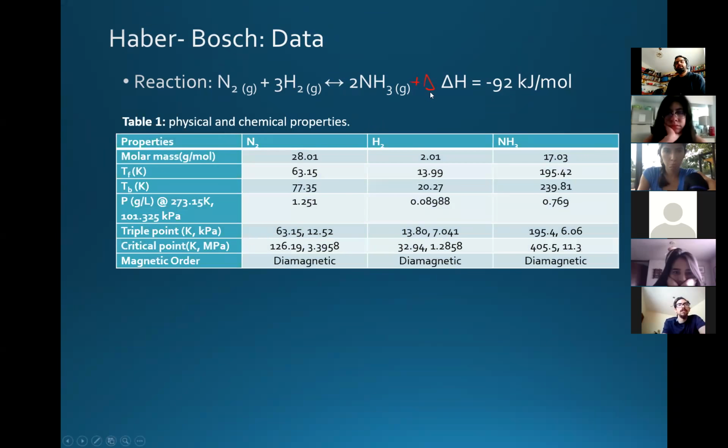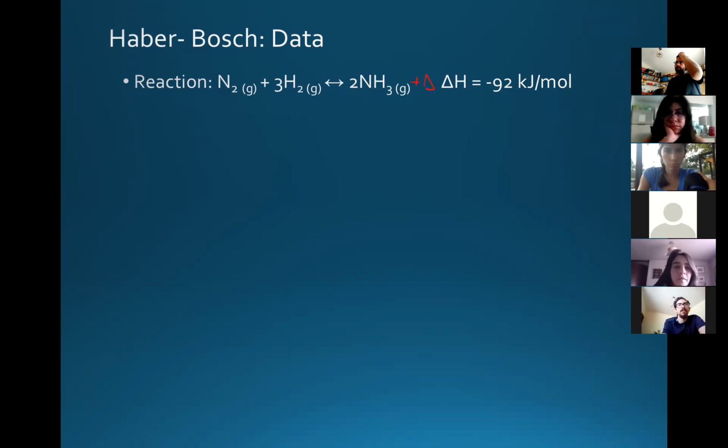That term of heat behaves the same way as a reactant or a product. If we raise the heat, the reaction is going to shift to the reactants instead of the products. Okay, so what we need to do in this reaction is to have a lower temperature, to shift the equilibrium to the products.